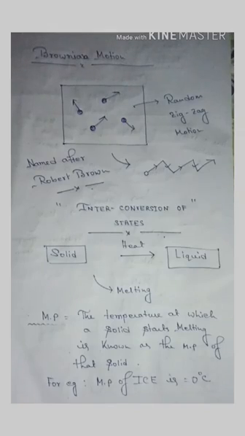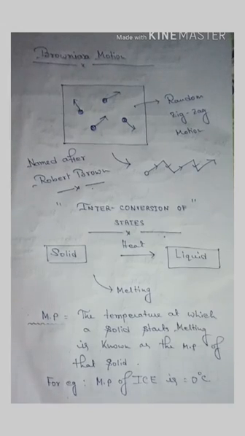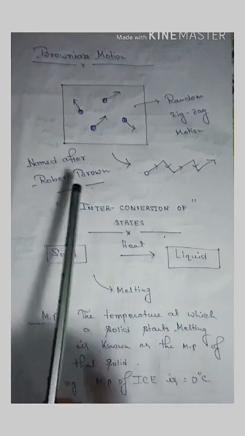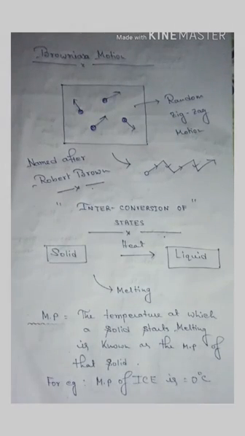Now as we are talking about gases, we have to learn what is Brownian motion. What is a Brownian motion? Now look, the gases have least intermolecular attraction force and the highest intermolecular spaces. So as the attraction force is least, the molecules of gases move randomly.